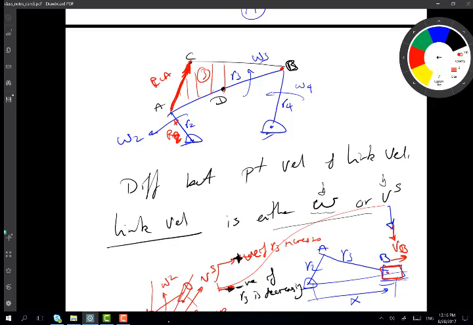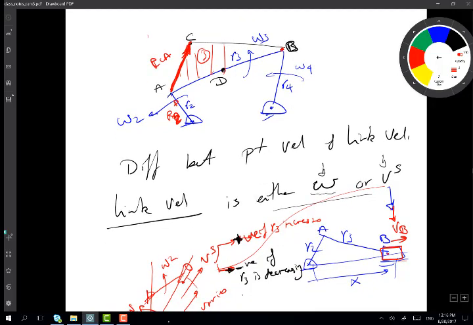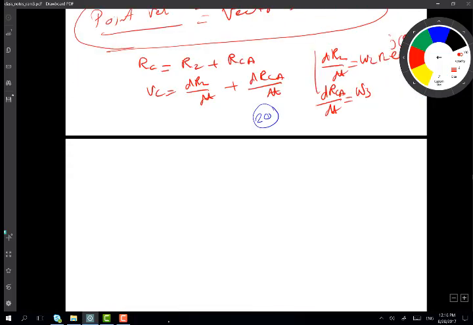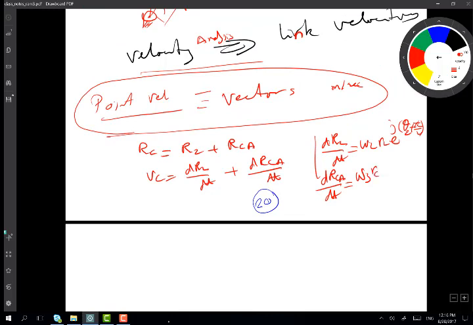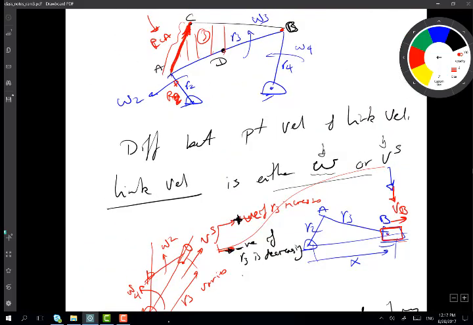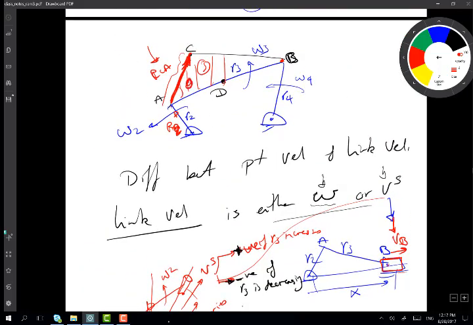I just link this point with a vector to the pivot where link 3 is pivoted to other links, and I create a relative position vector there. This relative position vector on this link will rotate with the angular velocity of the link. So RCA is a relative position vector for link 3, so it will rotate with omega 3. The length is RCA, times e to the j (theta 3 plus phi plus pi over 2), because I'm saying maybe this angle here is equal to phi.